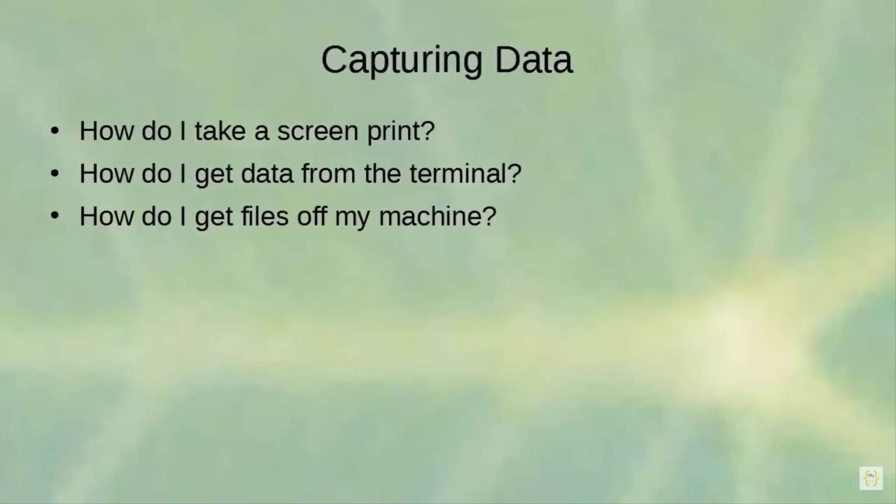Capturing data. How do I take a screen print? Well, if you're running a virtual machine, that gets a little bit tricky. Sometimes the screen print button works for taking pictures, and sometimes it doesn't.